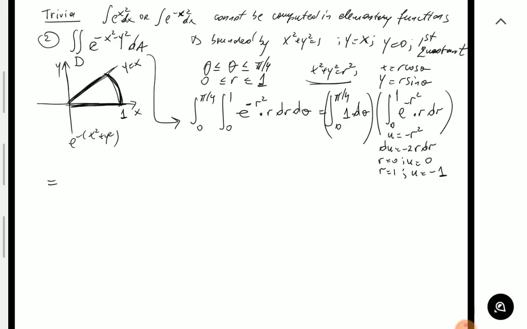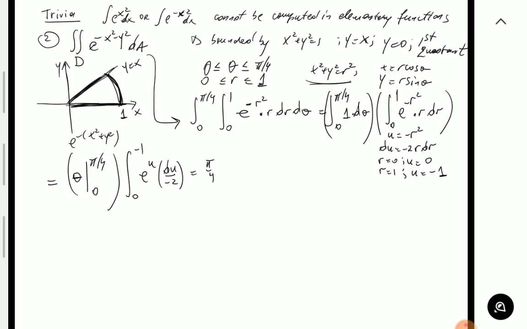The first integral, I hope you guys see it, is pretty straightforward, right? The integral of 1 d theta is just theta, evaluated between 0 and pi over 4. With a little bit of practice, people just write pi over 4 right away whenever they integrate d theta. And the integral in terms of r, I mean u now, because we made that u substitution, is from 0 to minus 1 of e to the u, r dr becomes du over minus 2.